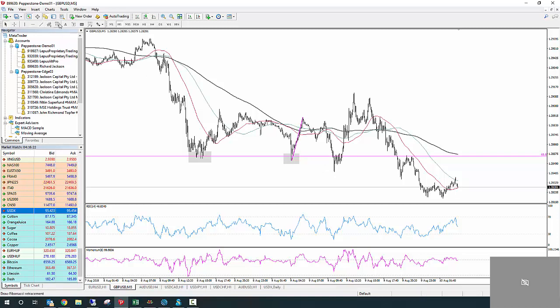So we've got X to A, and some of you might know what I'm about to do, AB, BC, and then CD. This area right here was just a further pullback, but this has got significance to it.